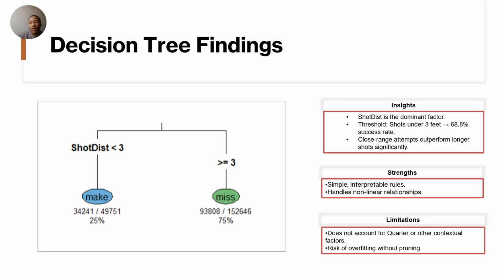So there's also a risk of overfitting the data, especially if the tree isn't pruned. While the decision tree did provide some good insights, I'll need to evaluate a more robust model to ensure accuracy and account for additional variables.